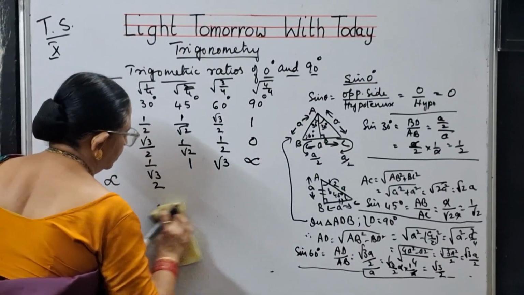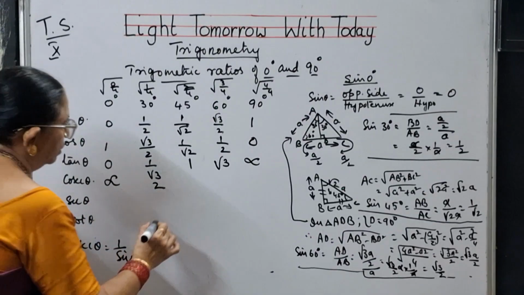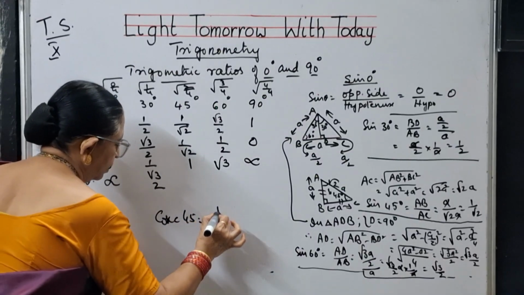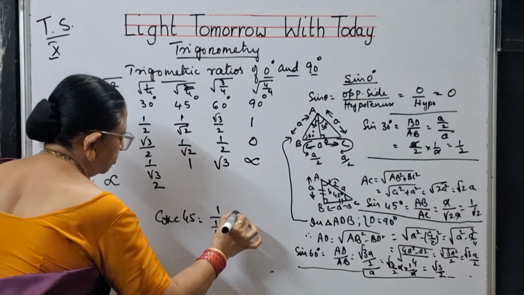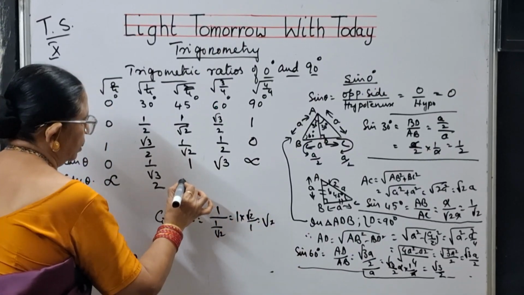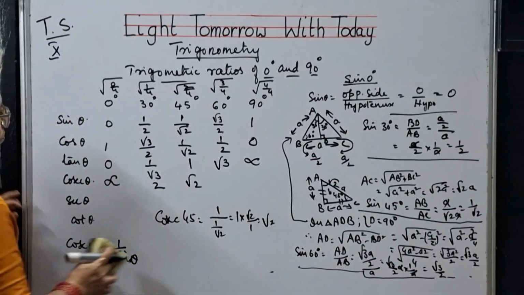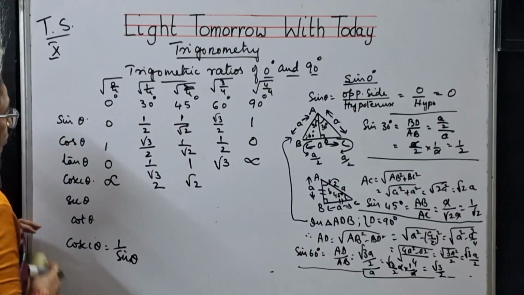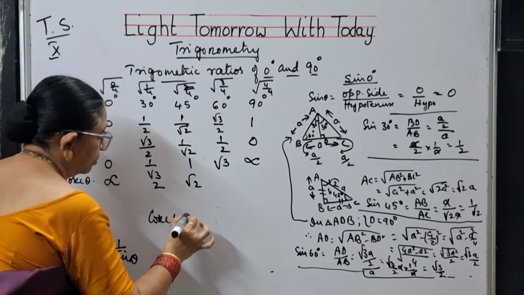Okay. Next, cosecant 45 degrees. Cosecant 45 degrees is 1 by sine 45, 1 by root 2. That means 1 into root 2 by 1, that is root 2. So here you are getting root 2. Cosecant 30, then cosecant 45, then cosecant 60 degrees.